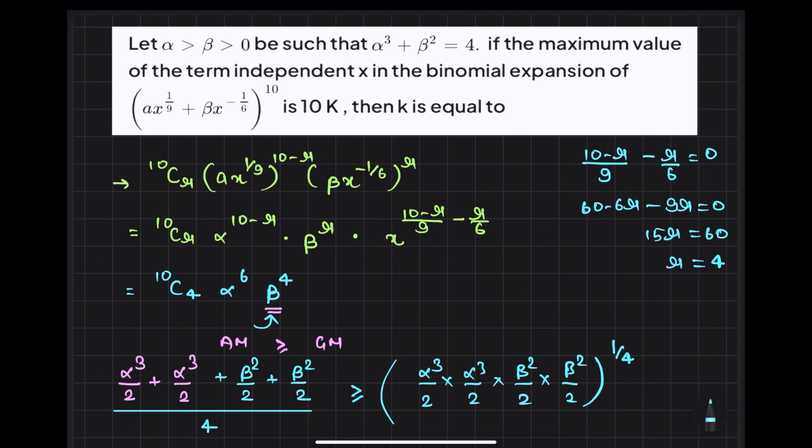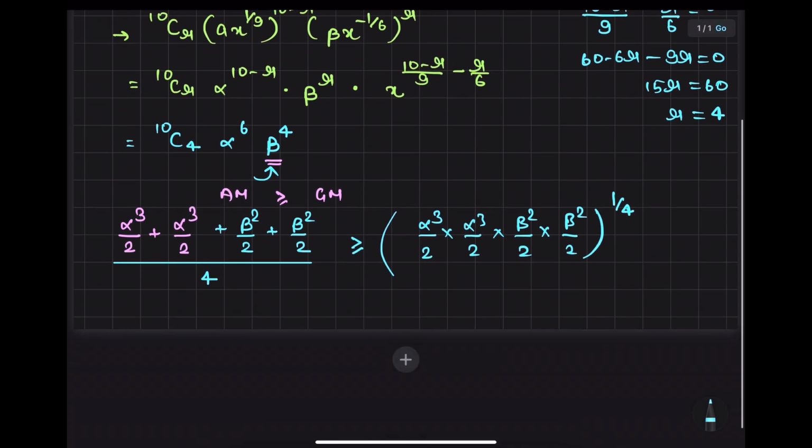Now if you observe, it will become alpha power 3 plus beta power 2. What is the value of alpha power 3 plus beta power 2? It is 4. So can I write 4 by 4 as 1 greater than or equal to alpha power 6 beta power 4 by 16?